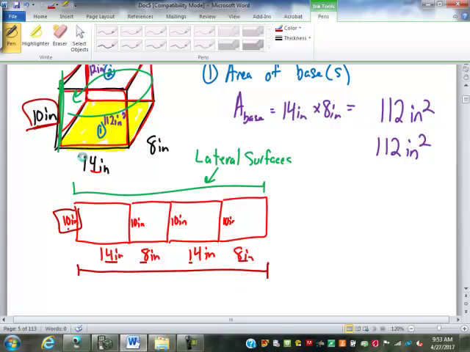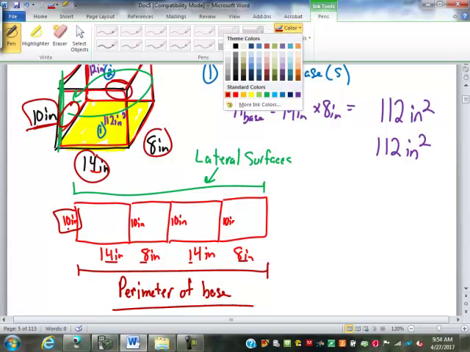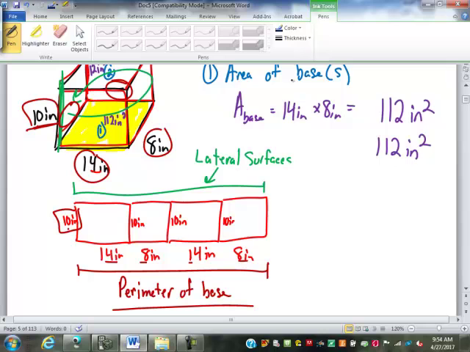But where did those dimensions come from? That's just the perimeter of our base. Does that make sense? So, if a question asks, what's the lateral surface? Well, it won't ask for the lateral surfaces, but it might ask for the lateral surface area. So the lateral surface area, LA, is going to be equal to the perimeter of the base times the height.